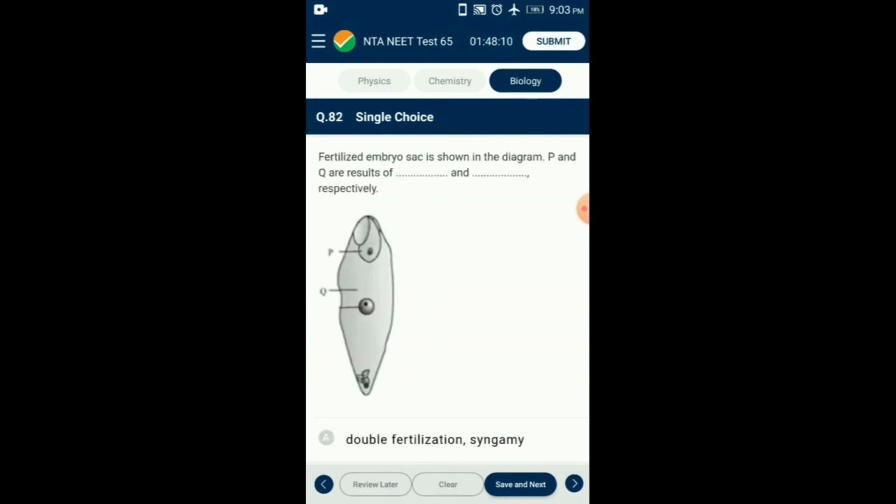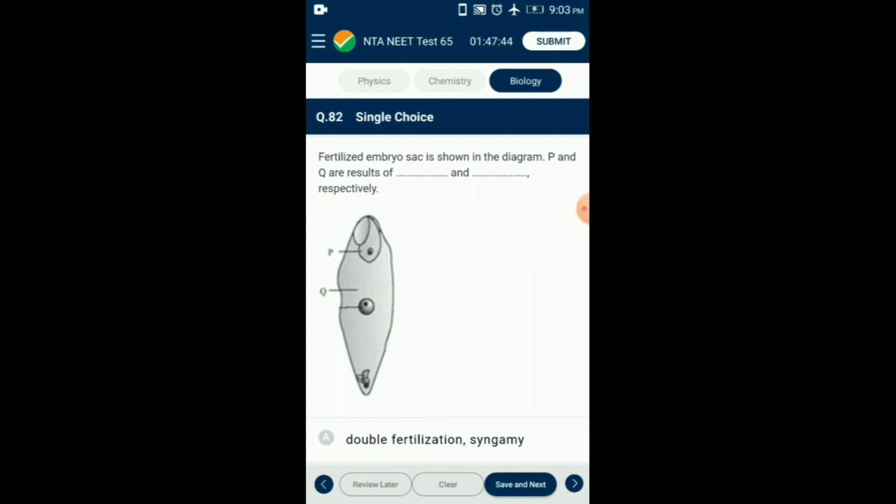Question number 82. The fertilized embryo sac is shown in the diagram. P and Q are the result of dash and dash respectively. The pollen tube releases the 2 male gametes into the cytoplasm of the synergid. Male gamete 1 and the egg cell fuse, called syngamy. The result of syngamy is the zygote.